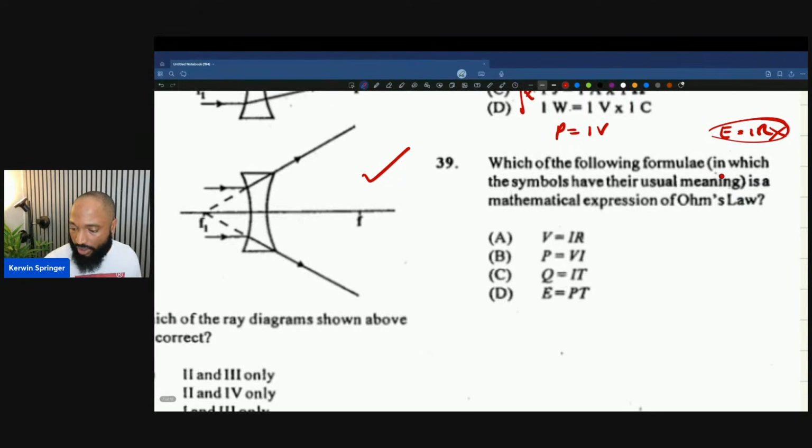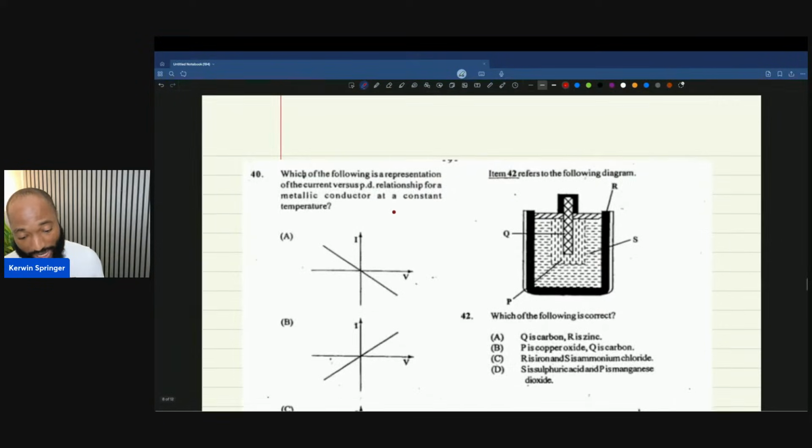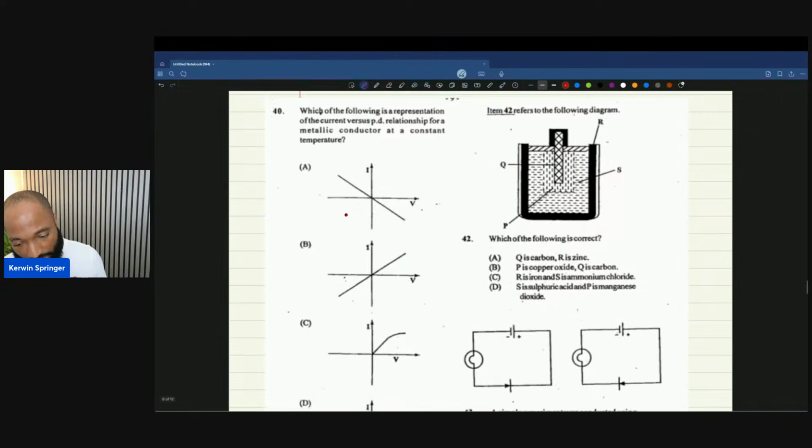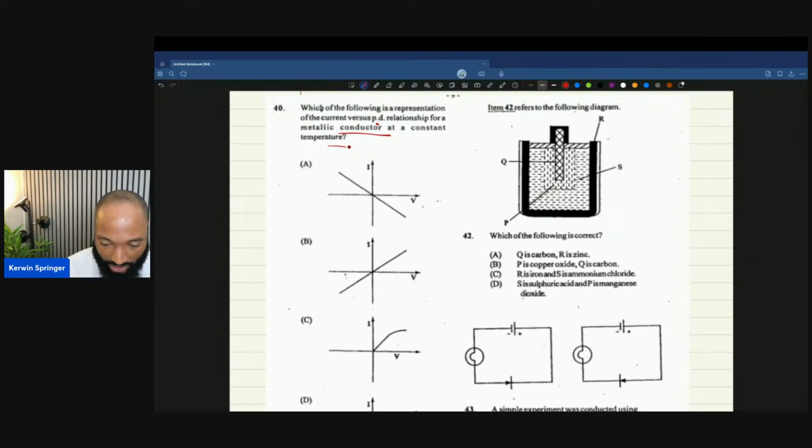Which of the following formulae, in which of these symbols have their usual meaning, is a mathematical expression of Ohm's law? V equal IR. I have 3 marks there, boy. Don't get easier than that. Which of the following is a representation of the current versus potential difference relationship for a metallic conductor at a constant temperature? Why is it backwards? I don't even understand what happening here.